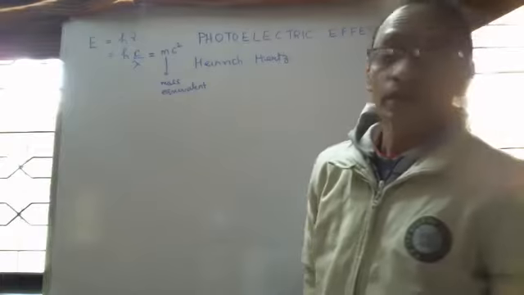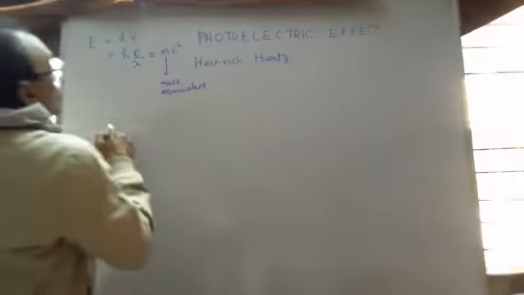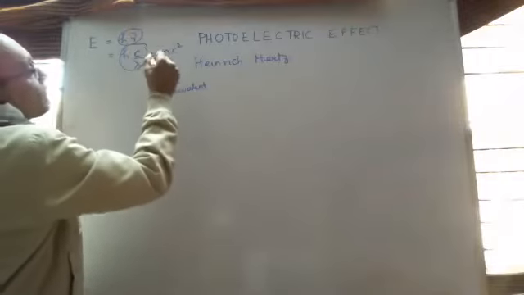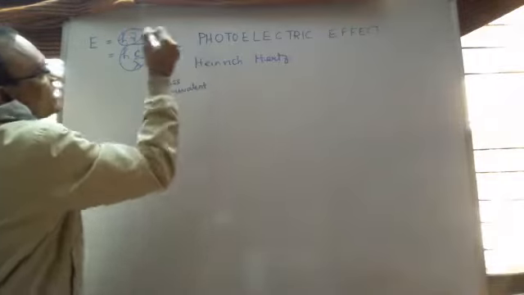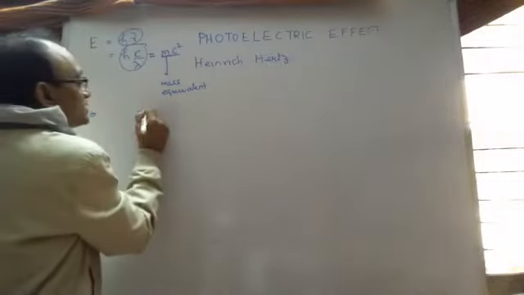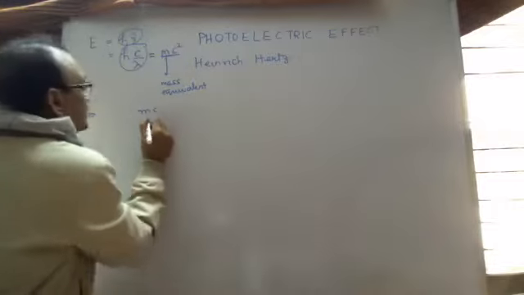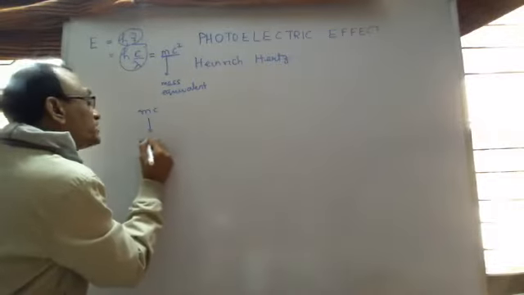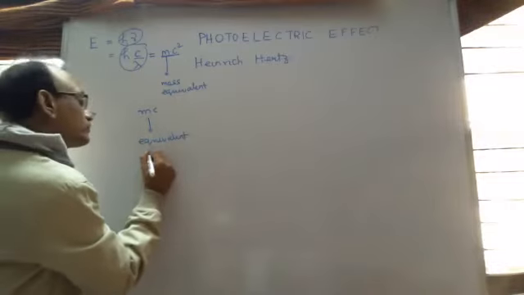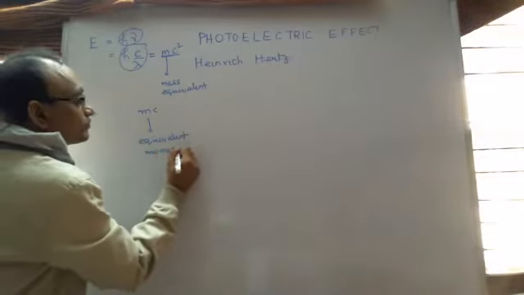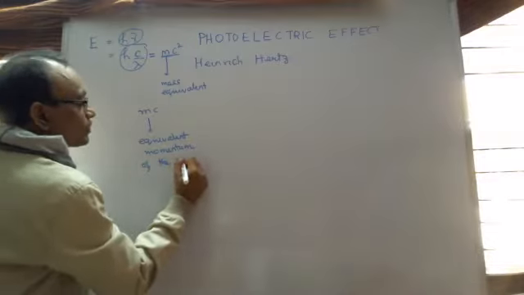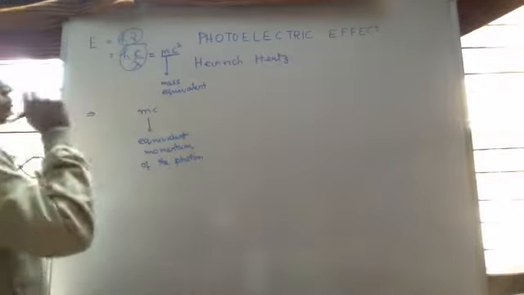Now, so hc by lambda or h nu is the energy carried by a photon, which is mc squared, where m is the mass equivalent of the photon, and mass into c is the equivalent momentum of the photon.